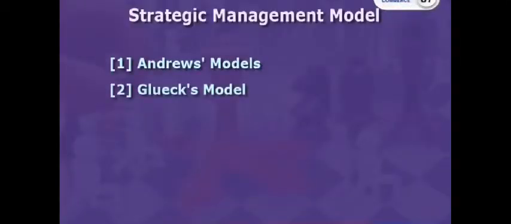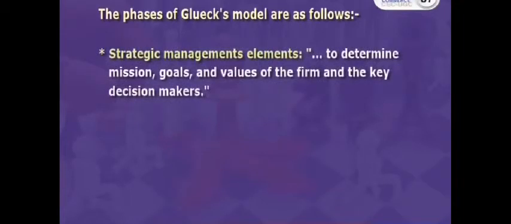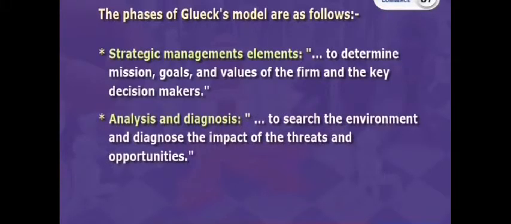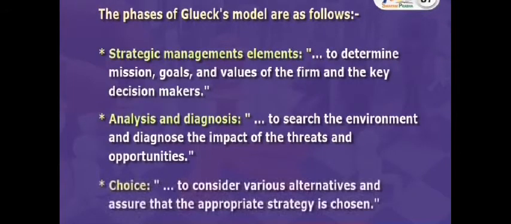Second, Gluck's model. William F. Gluck developed several models of strategic management based on general decision-making process. The phases of this model are: strategic management elements, to determine mission, goals, and values of the firm and the key decision makers. Analysis and diagnosis, to search the environment and diagnose the impact of the threats and opportunities. Choice, to consider various alternatives and assure that the appropriate strategy is chosen.